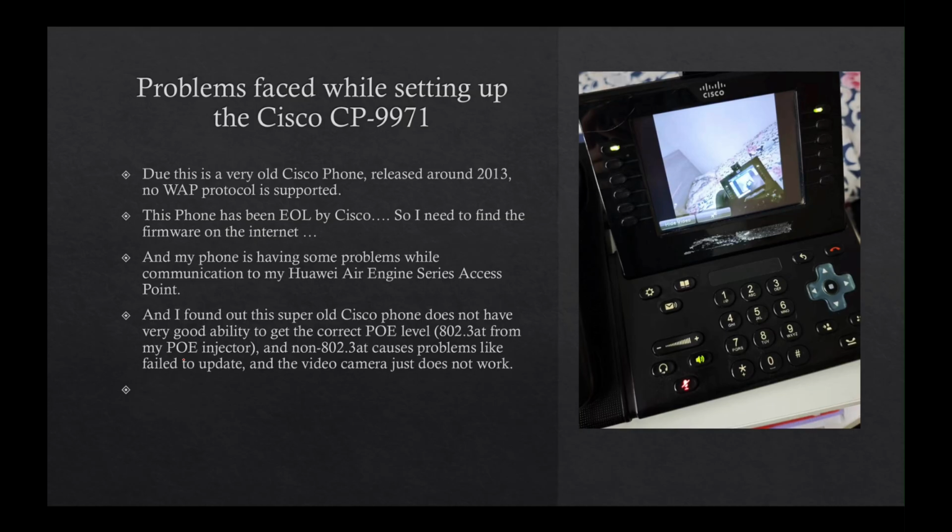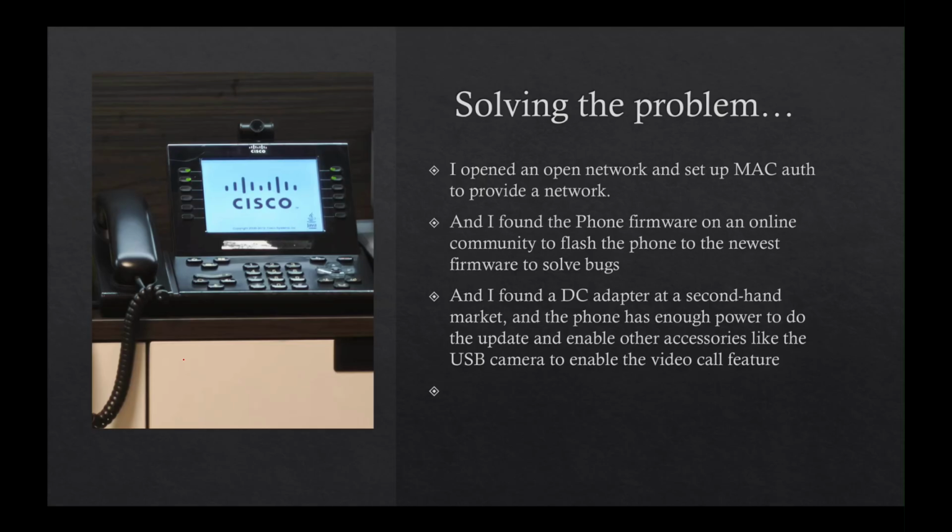This phone needs 30 watts, which is 802.3at. I used a 30 watt PoE injector, but it caused problems. It just did not recognize the 30 watt power, got only 15.4, and the phone would not update and the video camera would not work. So I'm solving these problems.